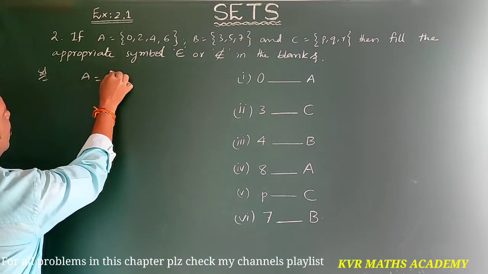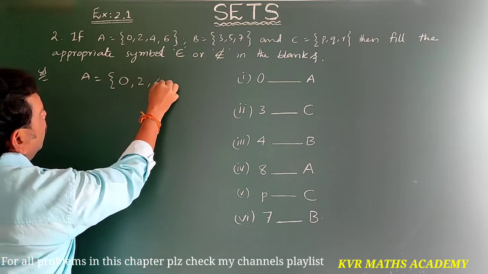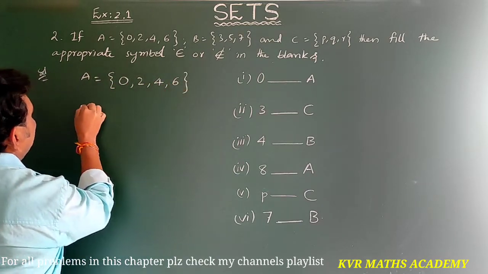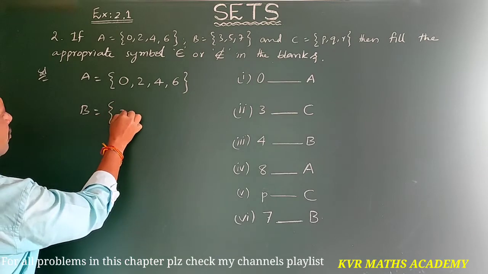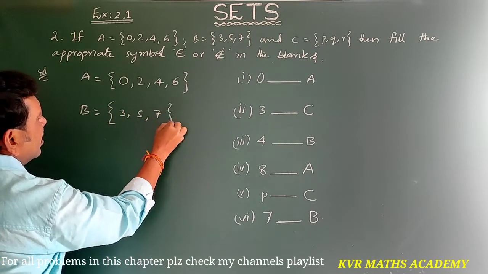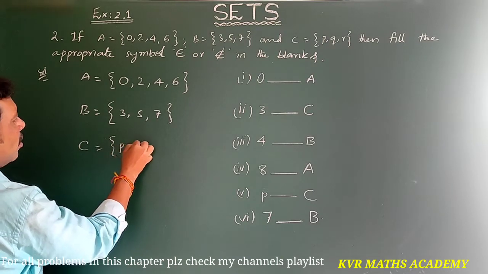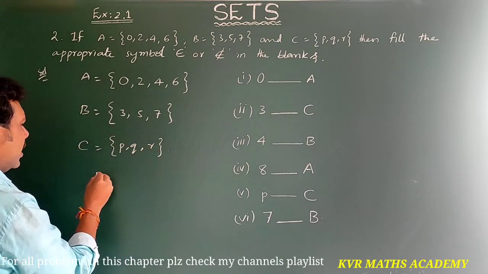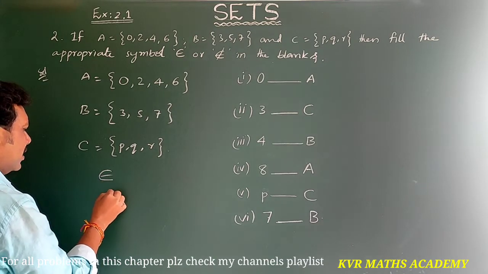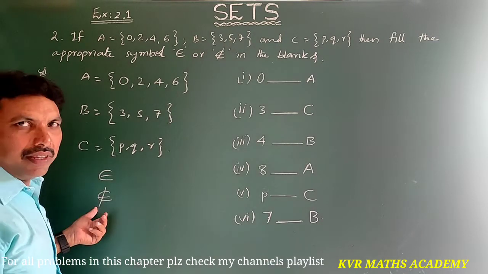Here A is given as 0, 2, 4, 6. Next, B is the set of 3, 5, 7 and C is the set of small alphabets p, q, r. So here this is belongs to and this is does not belong to.